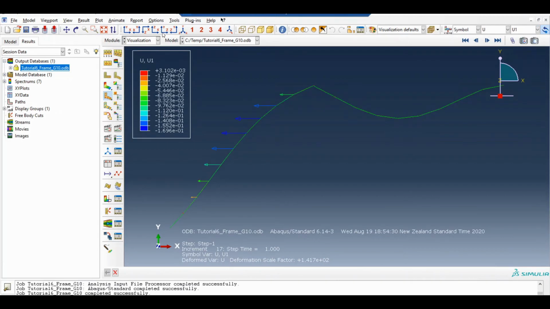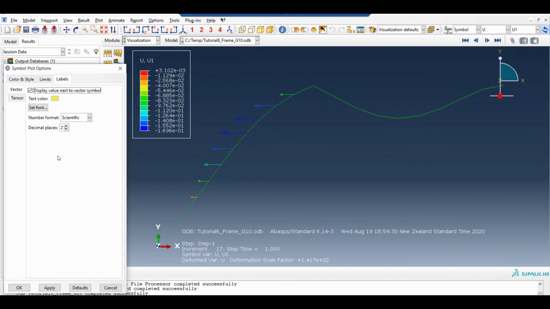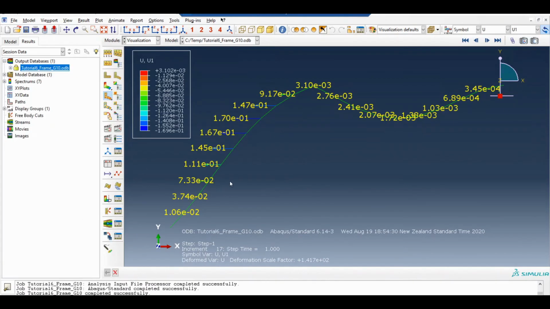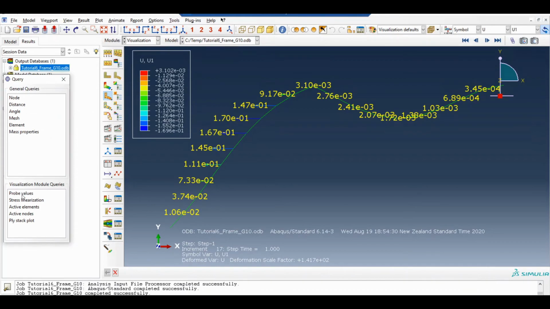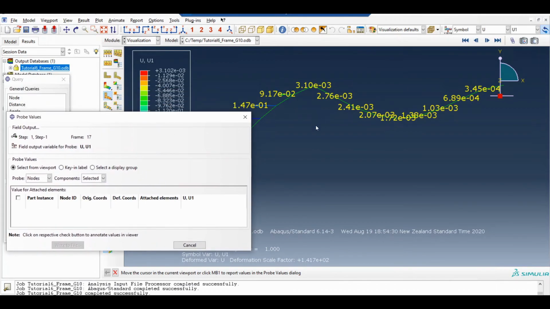Yep. Let's look at our displacements in X direction. This one. Okay. Now we can either see our values, click here, labels, apply. Now you can see different values here. Now what you can do here is go to tools, query, prop values, go to nodes, and then you can select a node you want to see the values of.